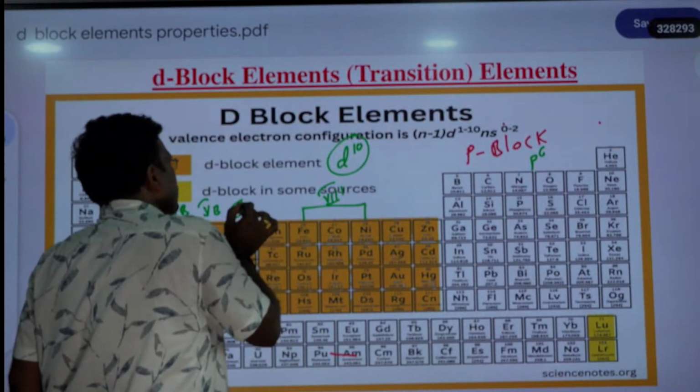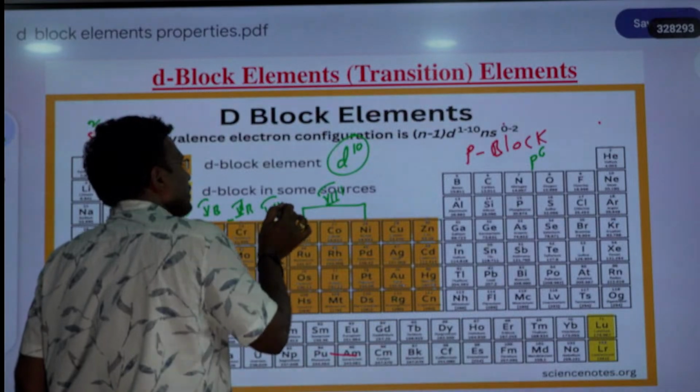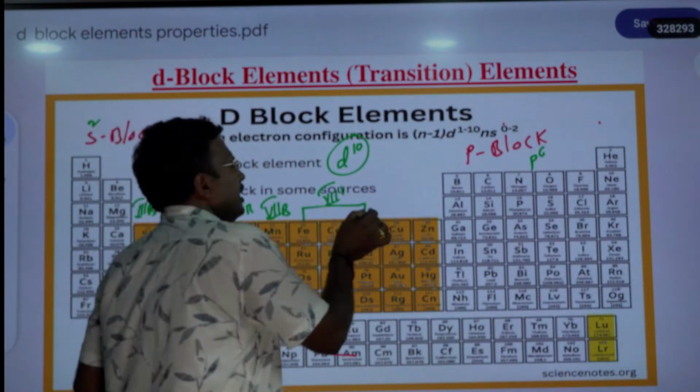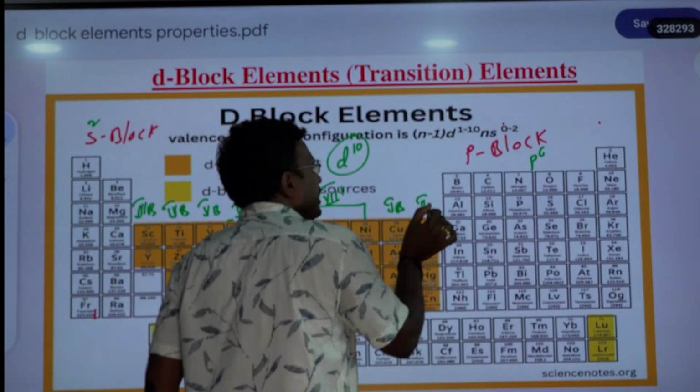So seventh B, sixth B are over. Then this is the eighth group. Then first B. The last one is second B.